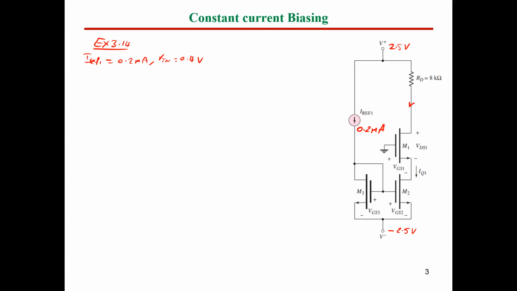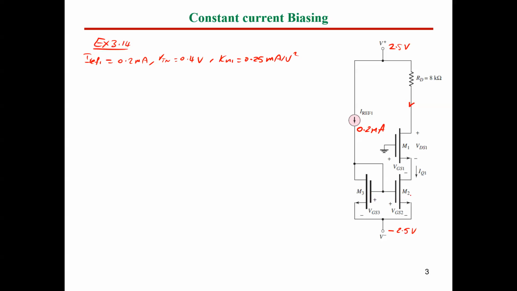And Kn for transistor 1, this one, equals Kn1 equals 0.25 milliampere per V square. And the lower two transistors, we are going to assume that they are identical in everything.